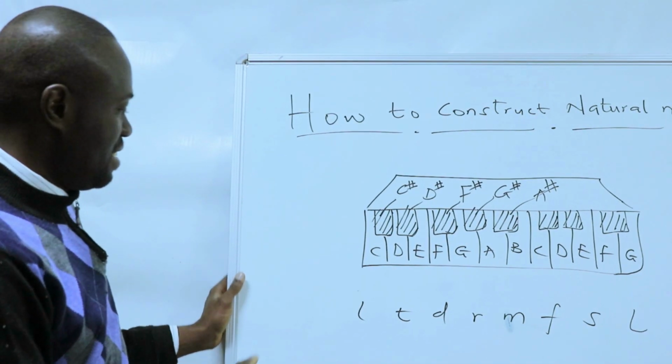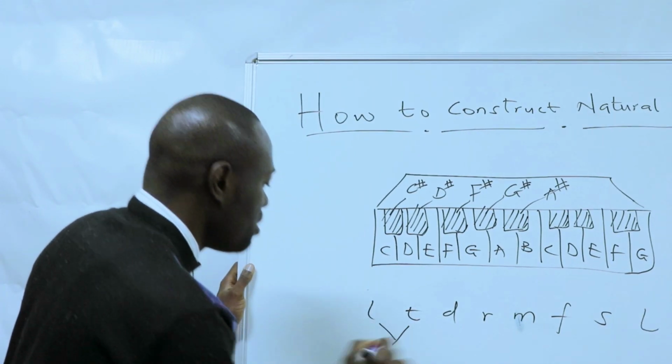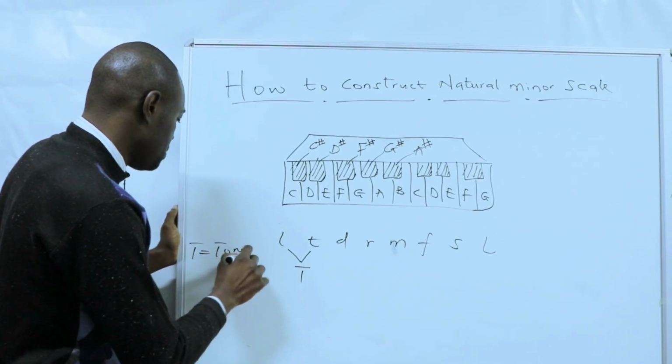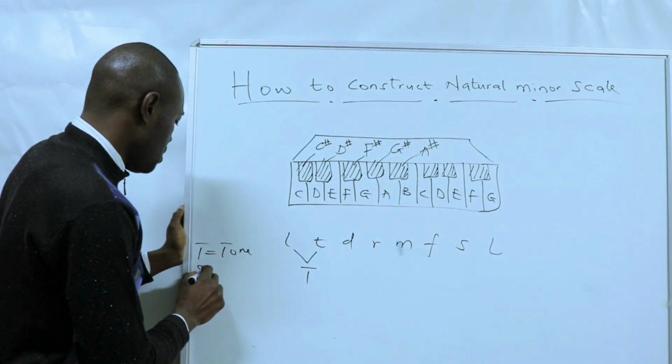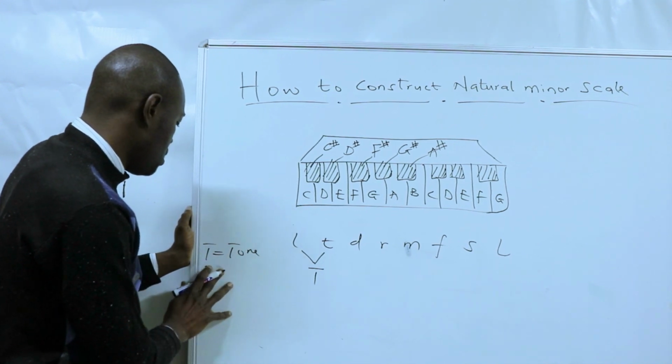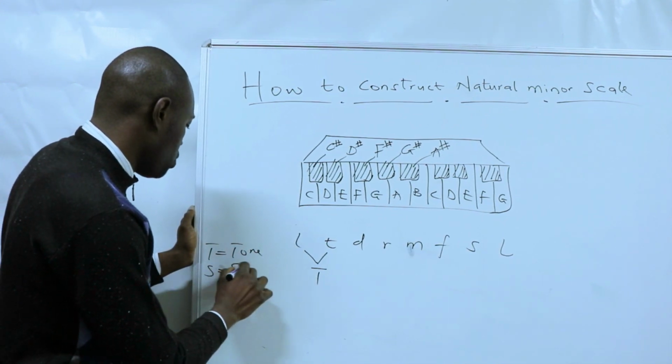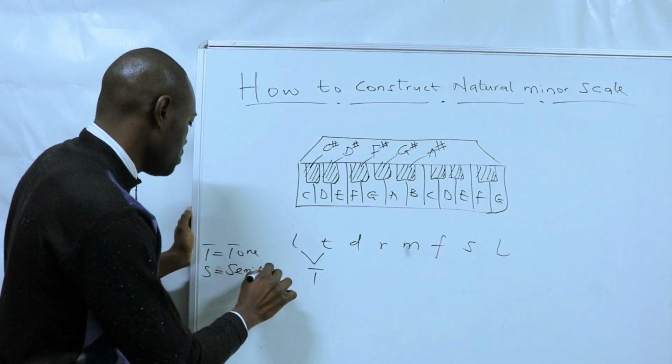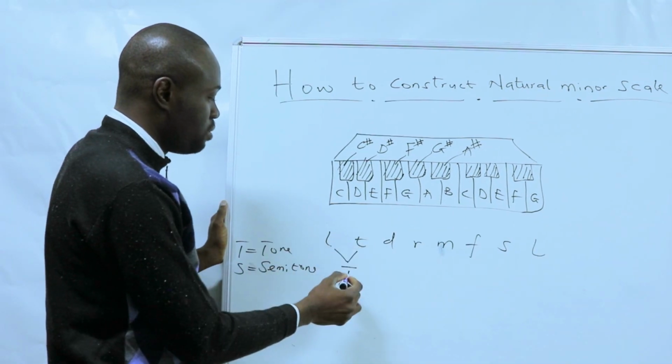Okay. So T is equal to tone, and S represents semitone. So between La and Ti, we've got a tone.